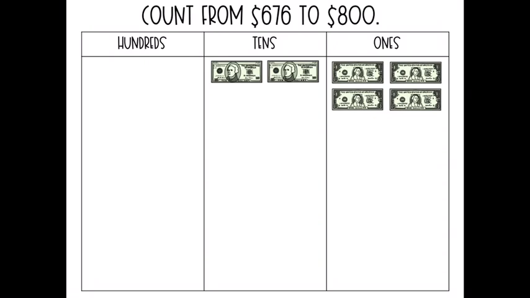The easiest way to do this would be to count by 100s. All right, so we're going to now go from 700 and make a new 100. So now that we have 800, we counted 1 hundred, 2 tens, and 4 ones. That's how we got from 676 to 800.